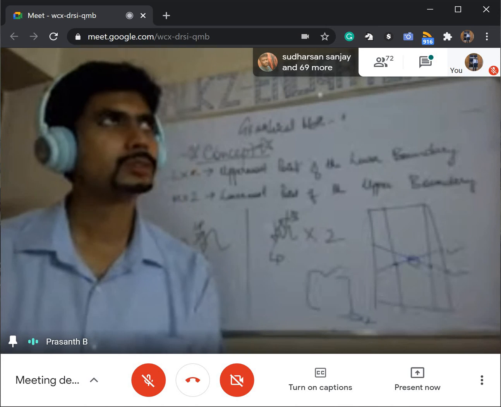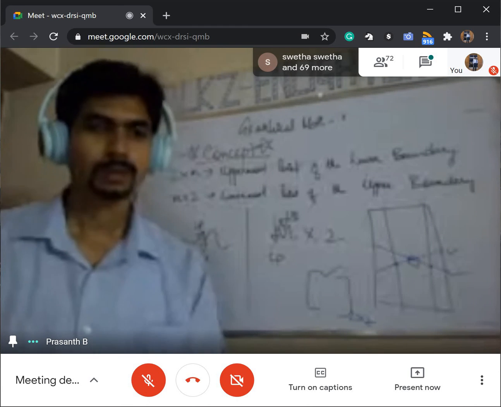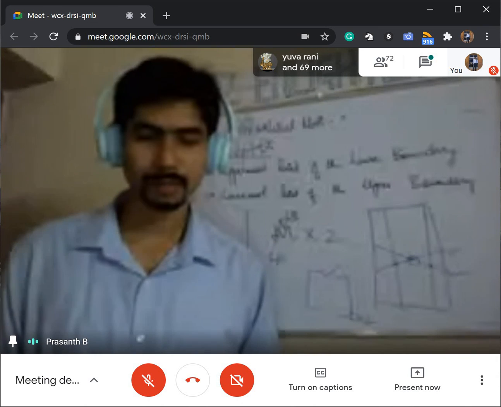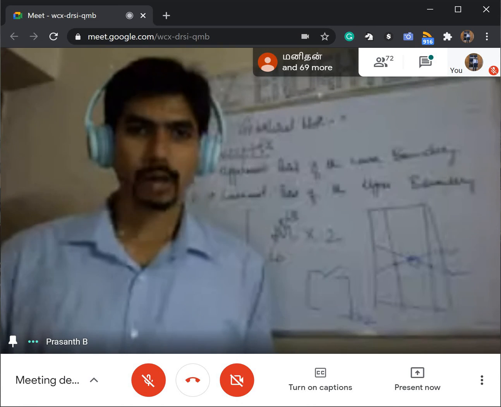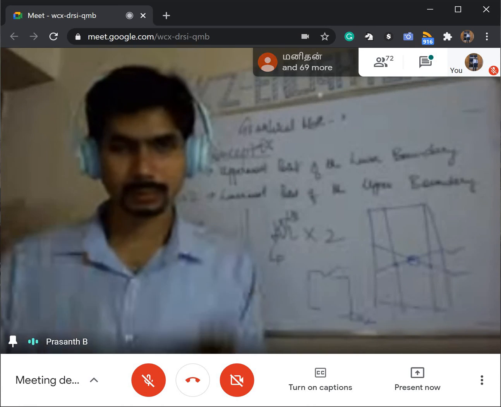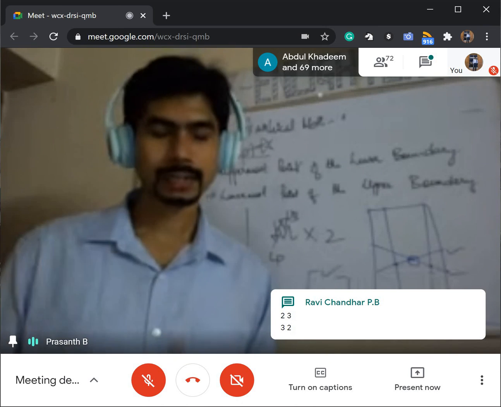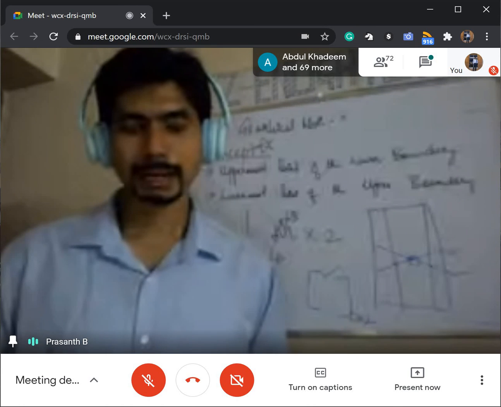The final matrix value is 2 3 3 2. That is the final matrix value. So whichever is the highest value, the highest point of the lower boundary, that will be the consideration point.